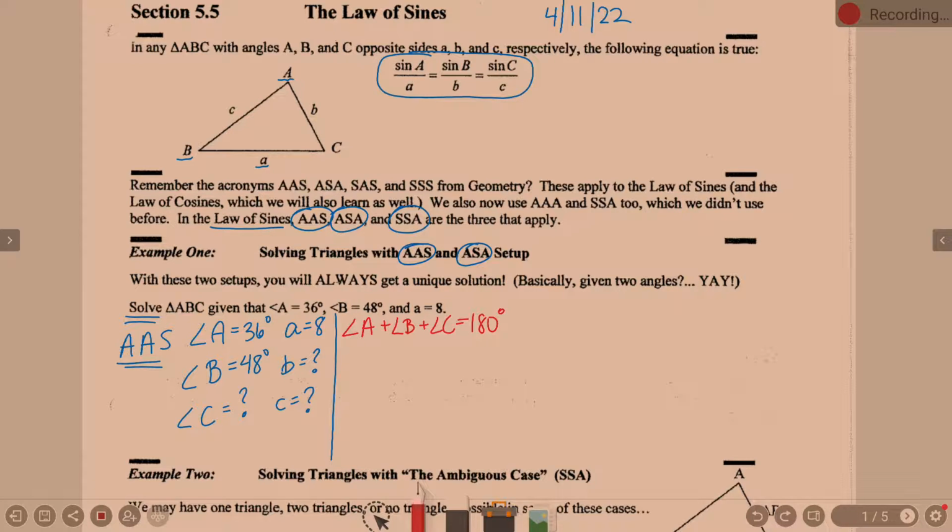So fill it in, do the math. 36 degrees plus 48 degrees plus some angle C equals 180 degrees. So add those two, subtract them from 180, however you do your math. What do you get for angle C?